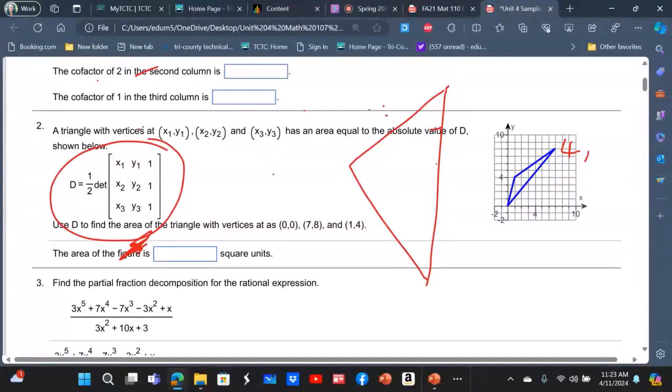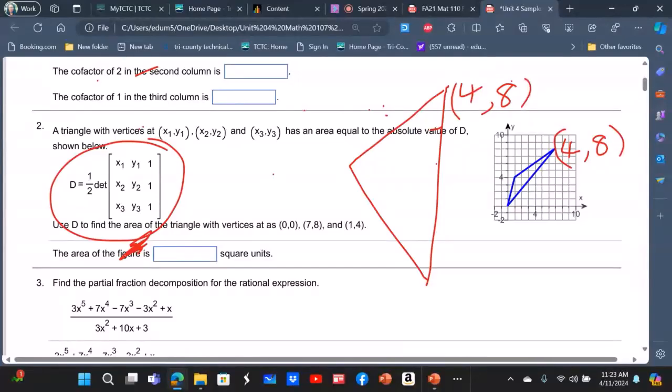This is 4, 5, 6, 7, 8. Okay, so that's 8. So the vertex of that triangle is 4, 8.